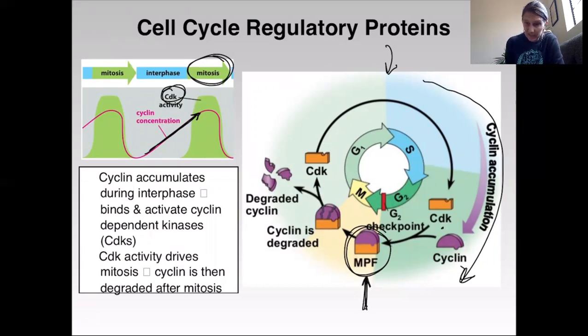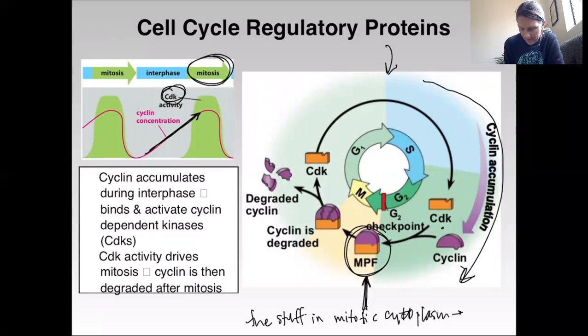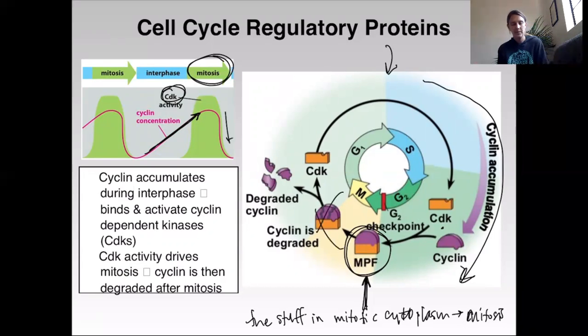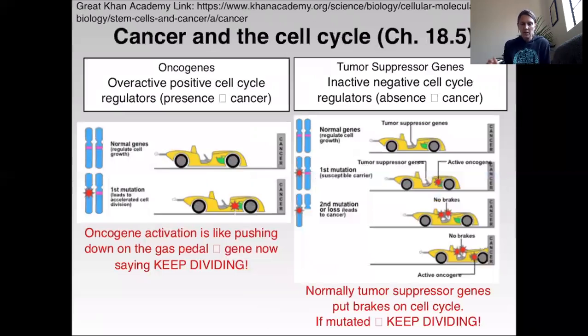And that literally is just the stuff in mitotic cytoplasm that drives mitosis, all right? And then cyclin gets degraded, and that's why we see this crash, right? There are a lot of crazy details in here, which if people want to know about, I'm happy to share, but I'm not going to do that now.